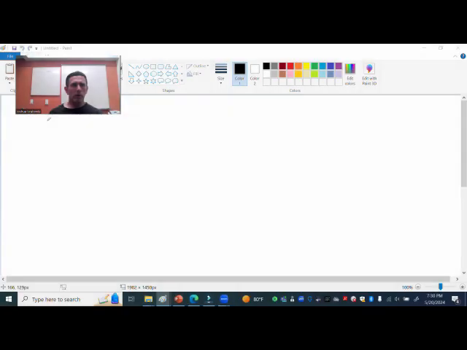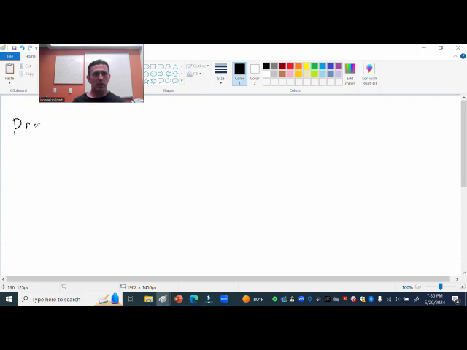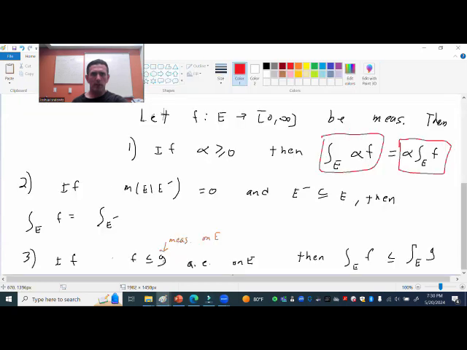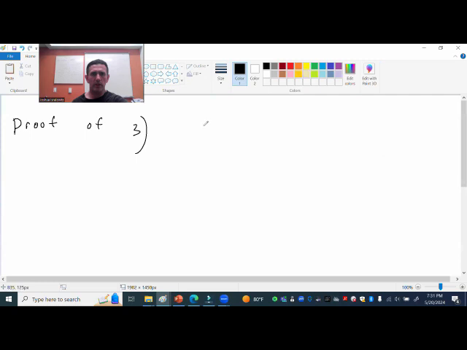Okay, so what I want to do now is prove 3. So I'm assuming F is less than or equal to G almost everywhere on E. So let's say E prime is going to be the set of x in E where F of x is less than or equal to G of x.